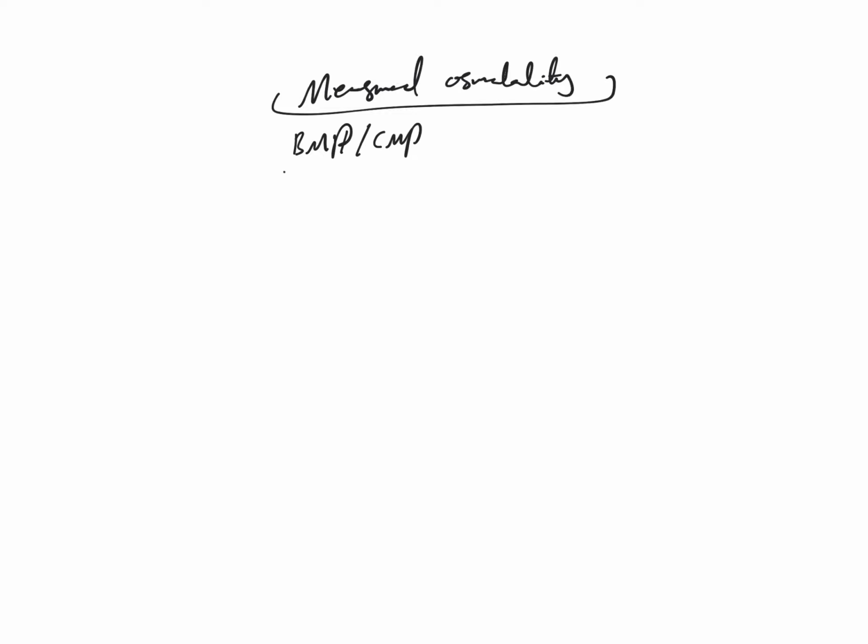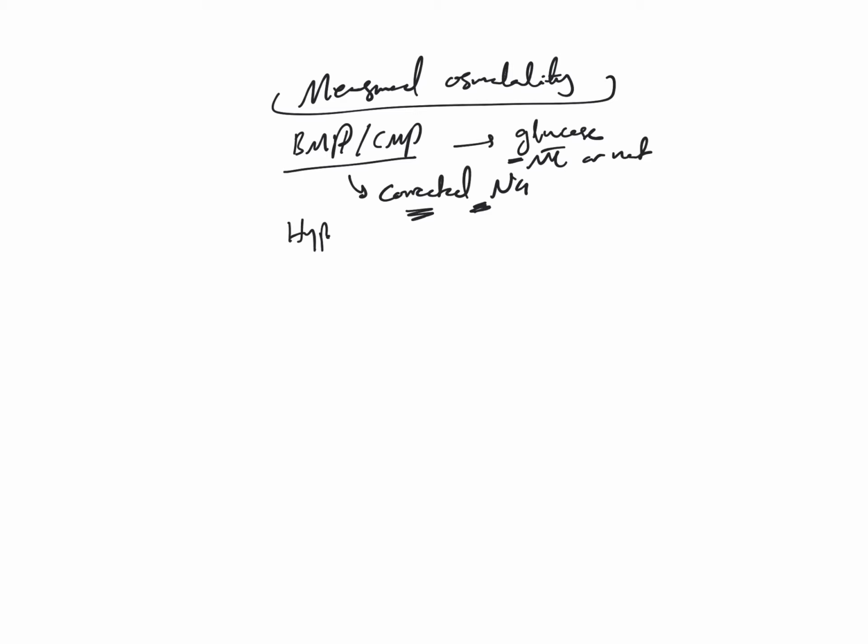Immediately, once I get that, I look at the glucose, whether it's normal or not, and then I immediately check the corrected sodium. Because if the glucose is elevated, and when I correct the sodium it goes back to normal, then mainly I'm dealing with hypertonic hyponatremia from hyperglycemia.